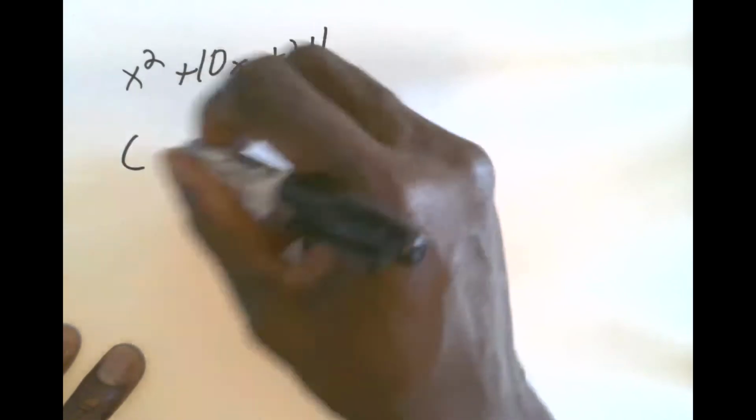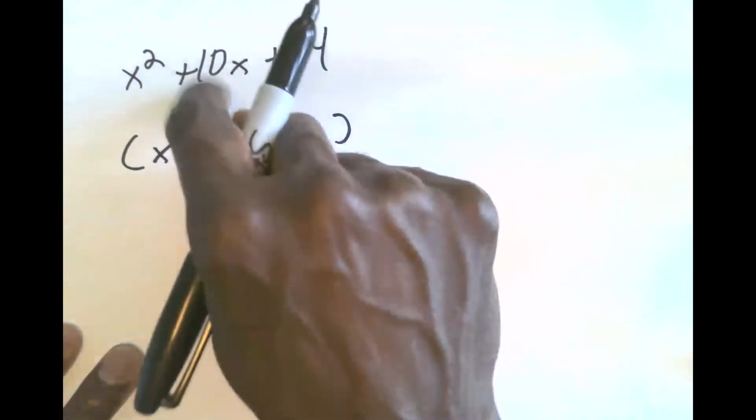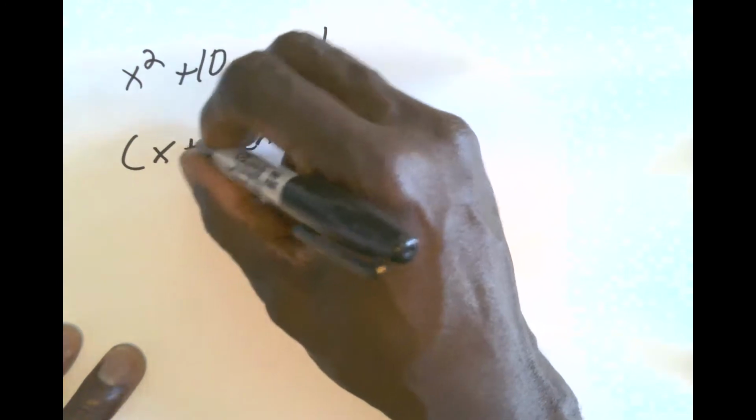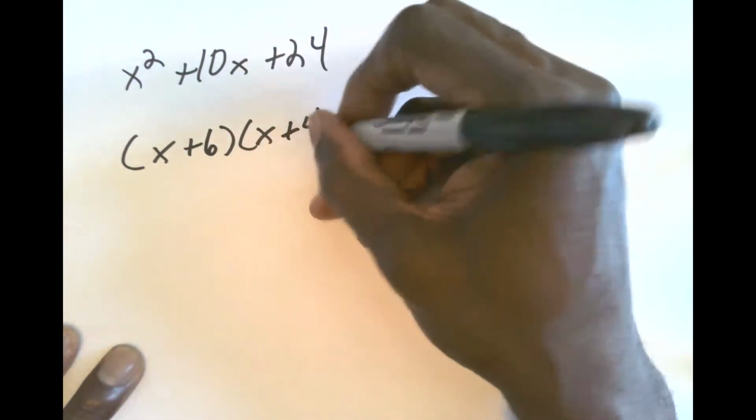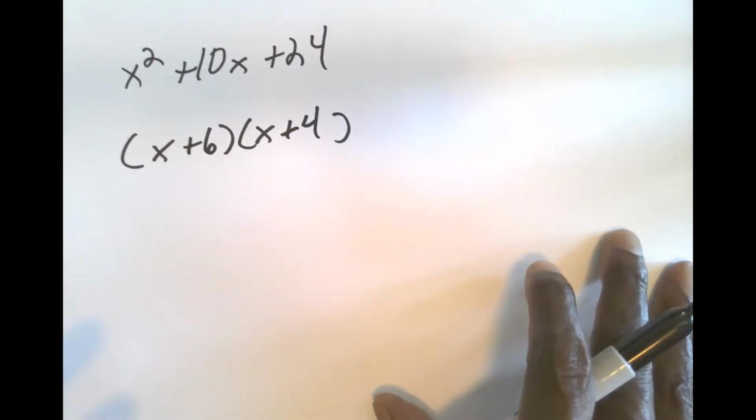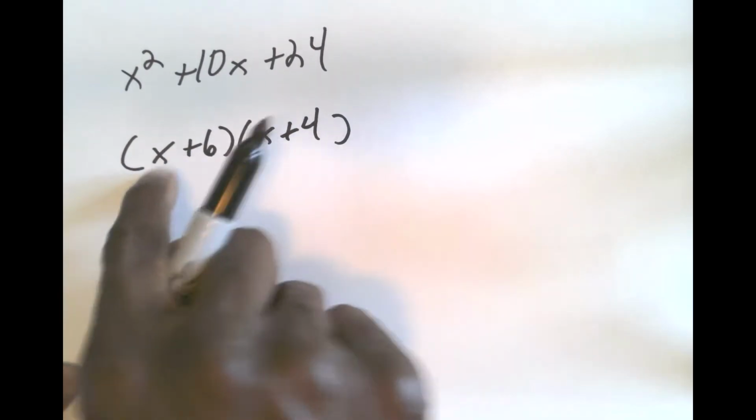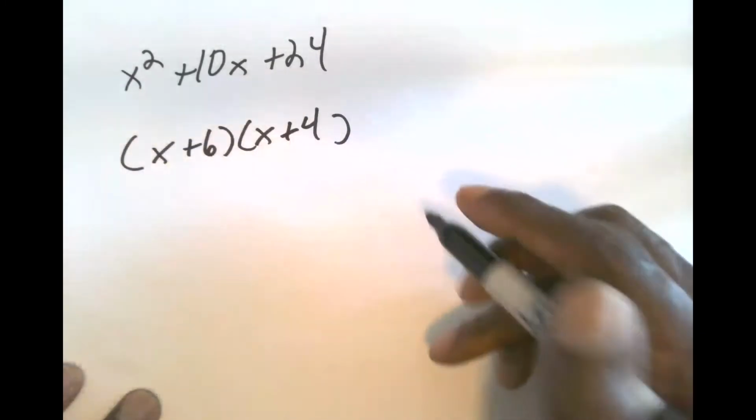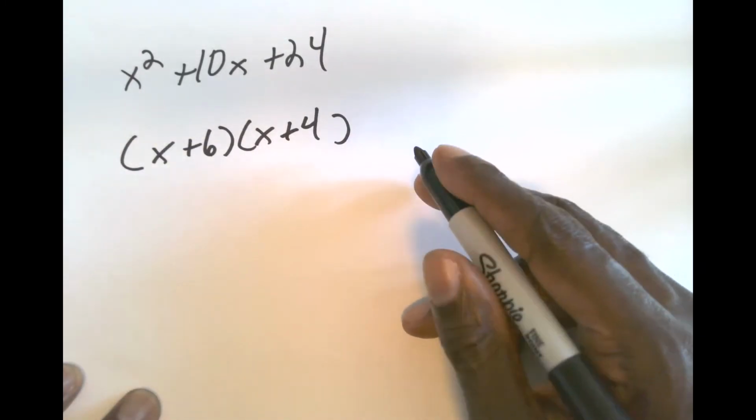How we factor such problems is we do these two parentheses, and we look for two numbers that multiply to give us this number and add to give us that number. That, of course, would be 6 and 4 in no particular order. If we were to multiply this out by FOIL, we, of course, would get this guy in return. It's a pretty neat deal.